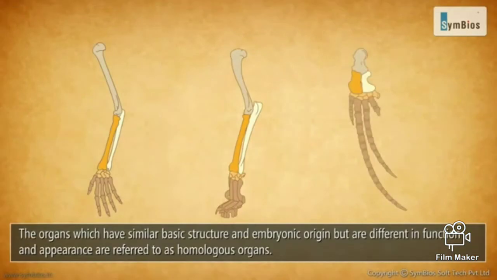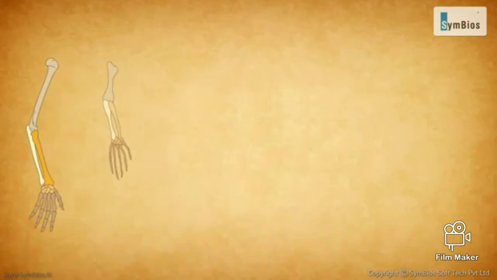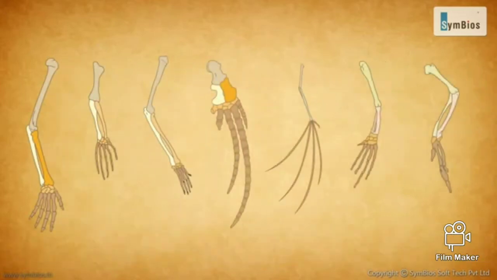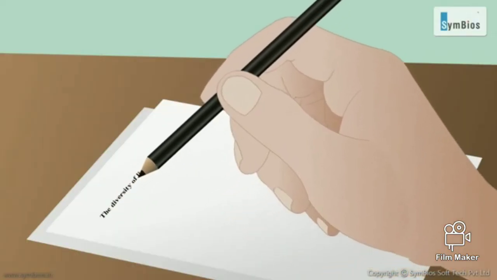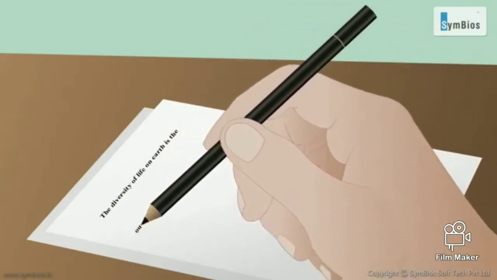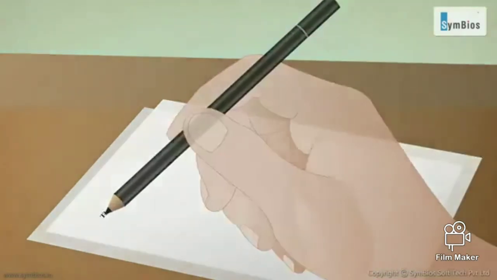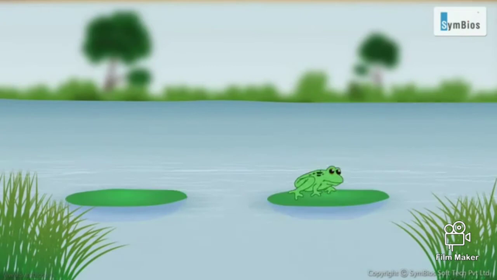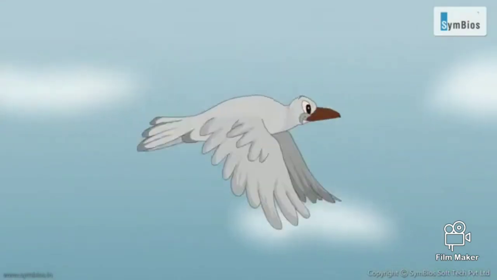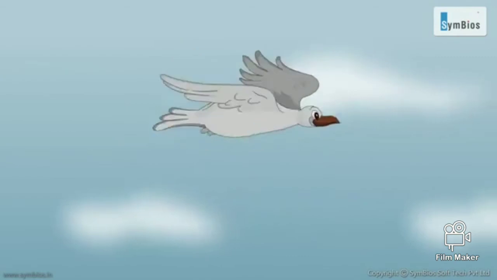Organs which have similar basic structure and embryonic origin but are different in function and appearance are referred to as homologous organs. The organs of all vertebrates have a common structural plan, such as forelimbs of various vertebrates. The forelimb of man used for handling things is similar in structure to those of frog, which is used for hopping, and wings of bird modified for flying.